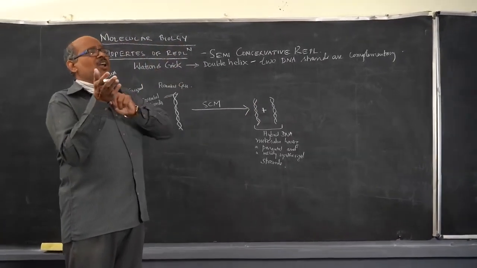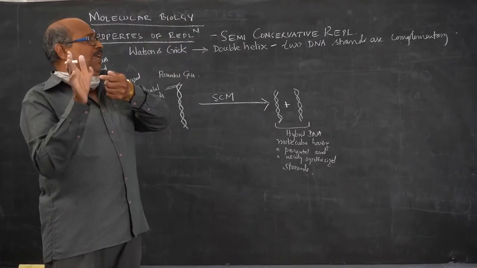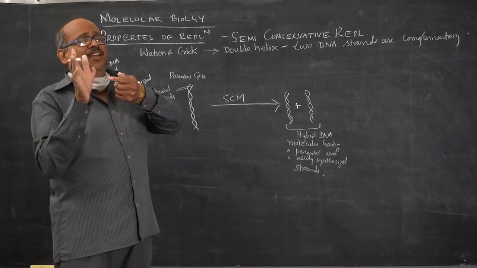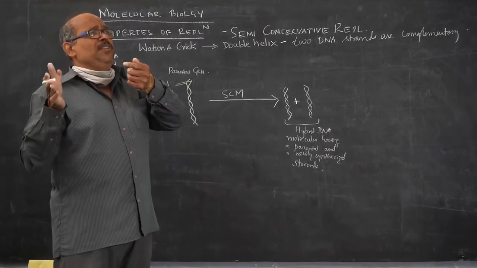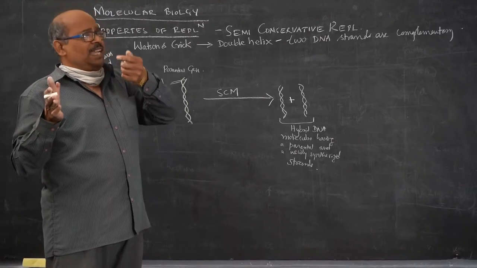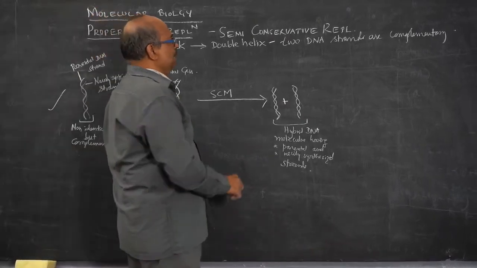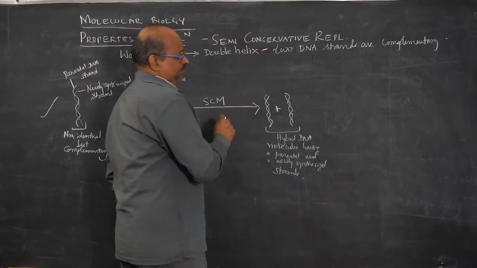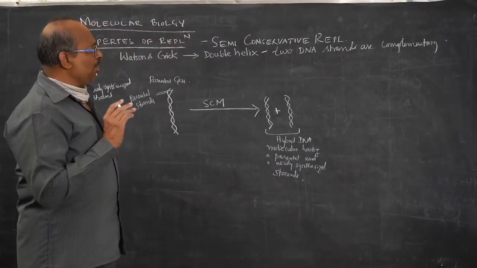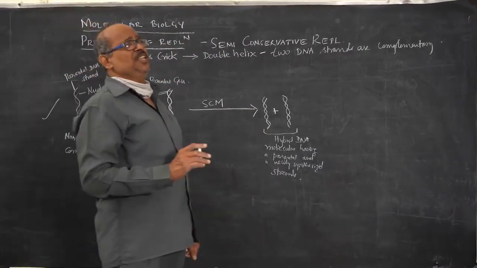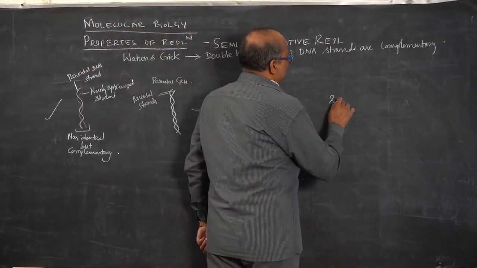So the parental strand always tells what should be in the newly synthesized strand. When it is different from the required one, then a repair mechanism corrects it, so that at the end of the replication, you are not going to see any significant error.